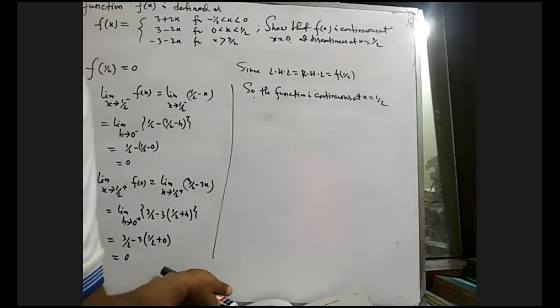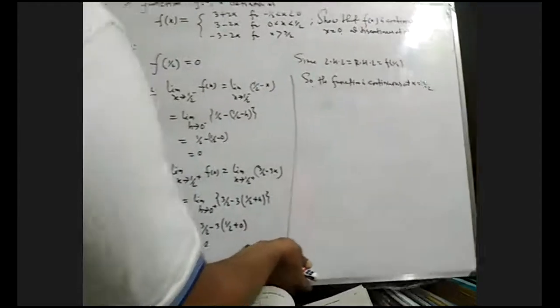So that f of x is continuous at x equals to 0 and discontinuous at x equals to 3 by 2.